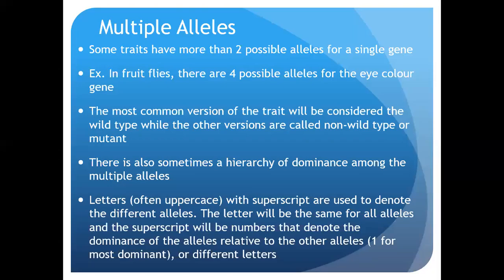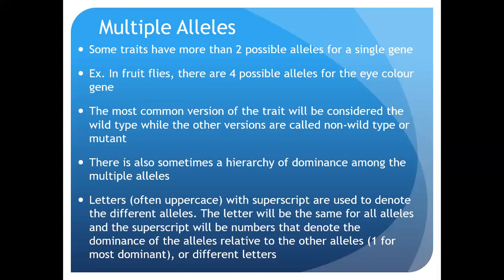Okay, next up we have traits that are controlled by multiple alleles, which means that there's more than 2 alleles. So for example, in fruit flies, the eye color can actually be coded for by 4 possible alleles. Usually the most common version of the trait will be called the wild type, and then all other versions are called the non-wild type or the mutant type.